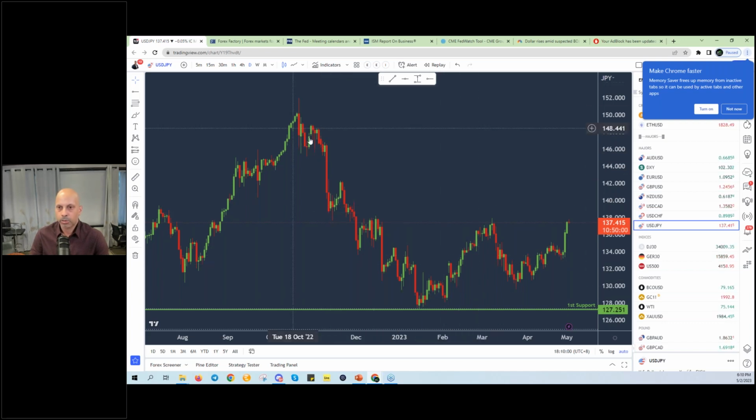Upon hearing the news of the intervention and understanding the mechanics of it, like I said, we don't need to go into the details of what the central bank is actually doing, but the reports and the headlines would have given us enough information to know that the BOJ is now selling their foreign reserves and buying back the yen in the open market. So this should have signaled to us that this is a potential top in the dollar yen, and we should be looking to short the dollar yen moving forward.